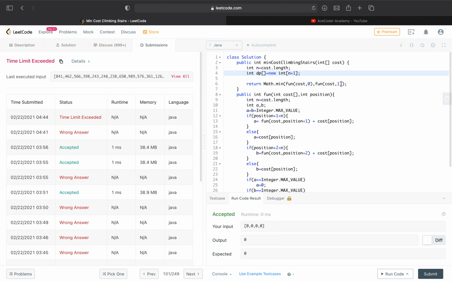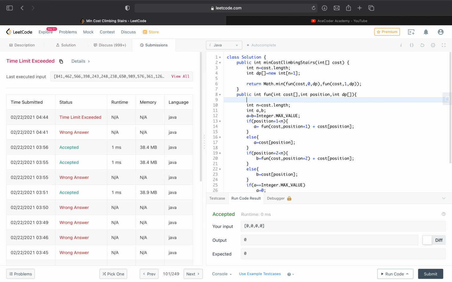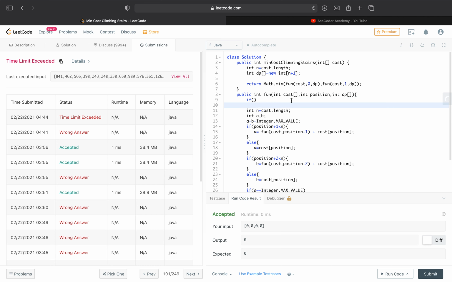Now we can pass our dp array here and here also, and now we will apply the condition for dynamic programming here.